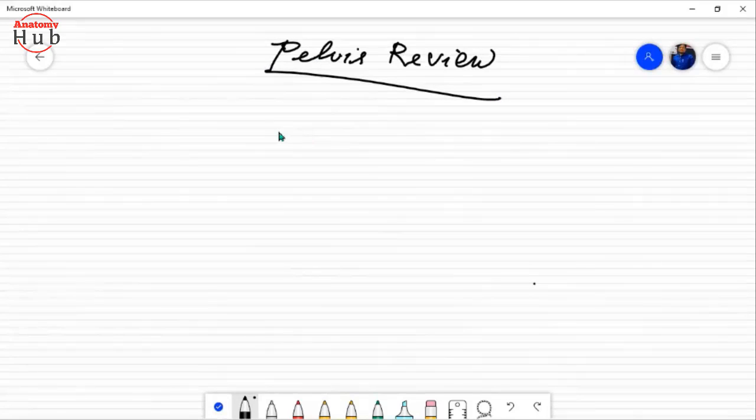For that reason, we have to draw the diagram to make the bony pelvis clear first, right? As you know, here you'll find the sacral promontory, and after the sacral promontory, you'll find the ala of the sacrum, and you can say the mass of the sacrum.